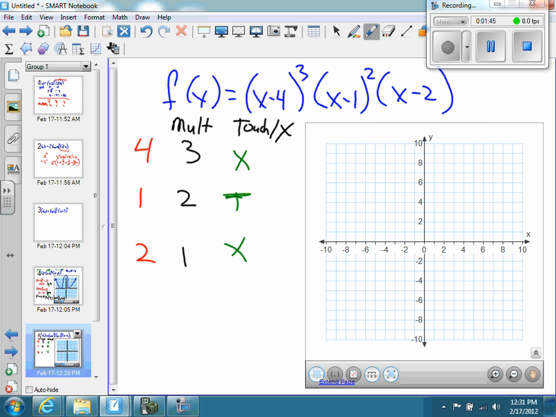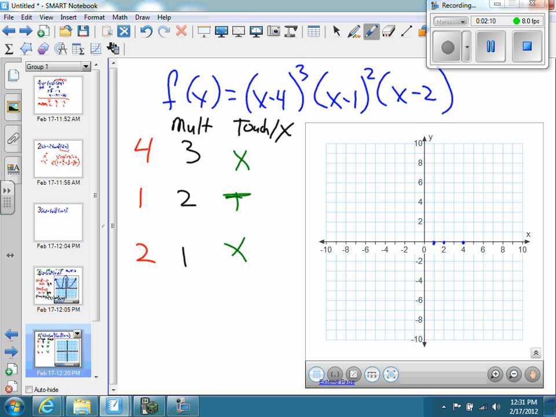Okay, so let's draw them on there, right? So I have one at 4, and one at 1, and one at 2. Do you also have negative 1? Do I have one at -1? Why do you think I would have one at -1?